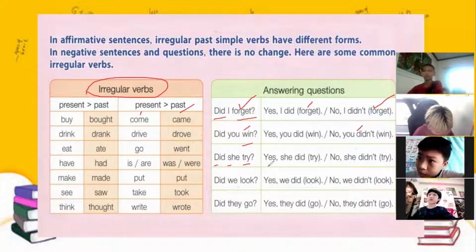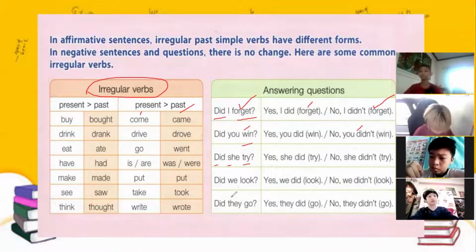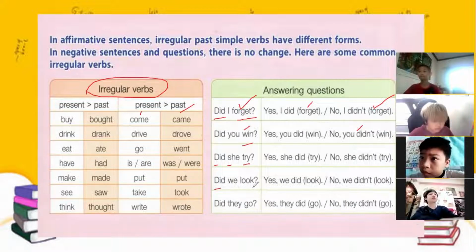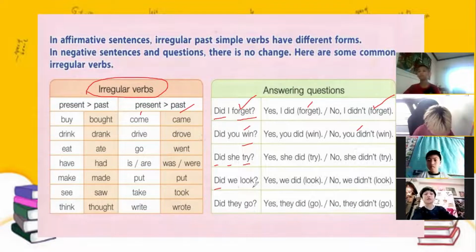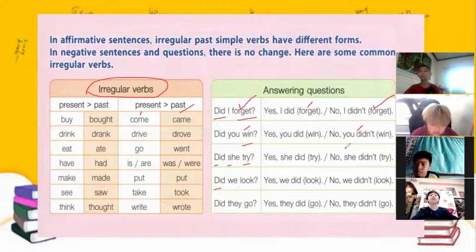So the answer is yes, she did try, or no, she didn't try. Now, another example, did we look? The answer would be yes, we did look, or no, we didn't look. Now, did they go? The answer would be either yes, they did go, or no, they didn't go.